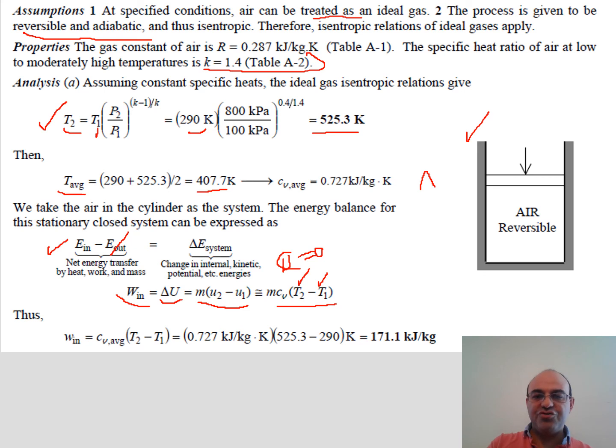In table A2, you will see cv and cp for different temperatures. Of course, it's not listed for temperature of 407.7. It's listed for the round numbers. So you need to go ahead and do interpolation. So cv at 407.7 by interpolation is found 0.727. So you need to show your interpolation as well.